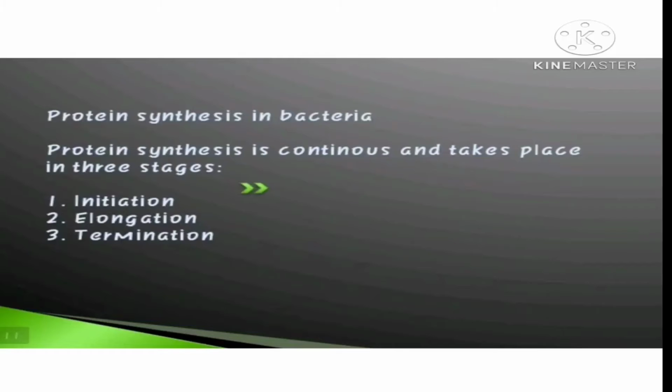Mao jud na siya ang kinaunhan nga moabot ang formal methionine. So mo-attach na siya ngadto sa codon sa strand delgado. Pero gisigurado na siya sa strand delgado nga mag-attach na mag-match jud na ang kinaunhan.